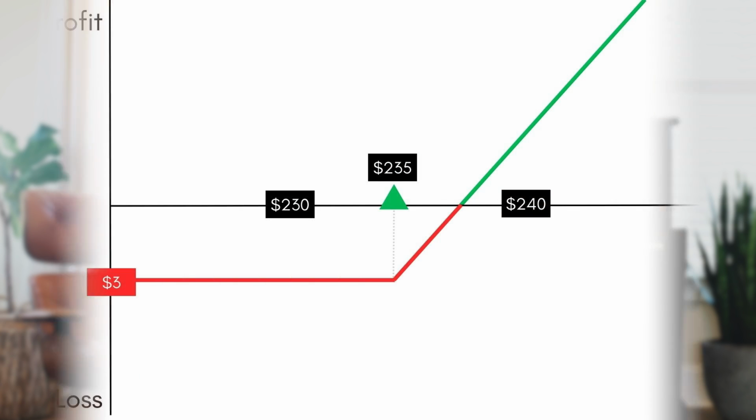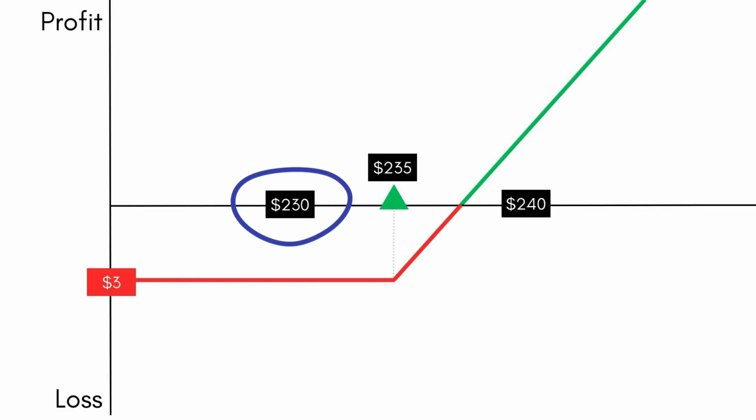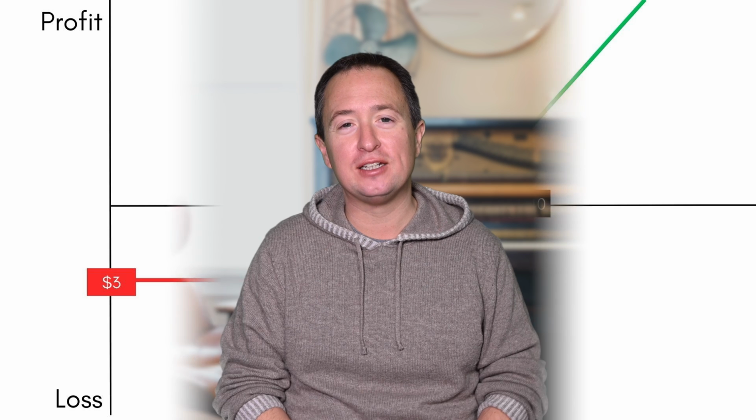So we're going to use the previous $235 strike price on Tesla on that call option as an example. You remember that one option, you paid $3 in premium for it. However, Tesla's price, let's say, dropped to $230 5 days before expiration, and you think Tesla's going to continue to drop. So what do you do?